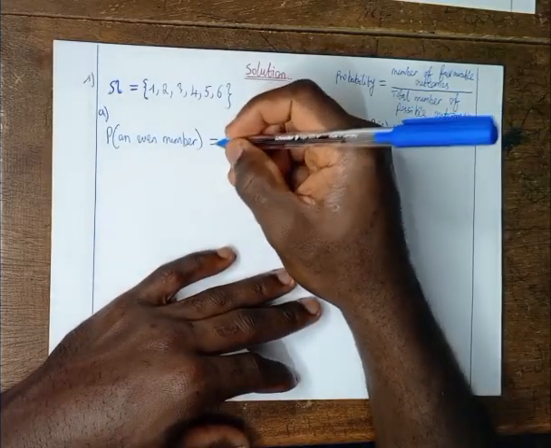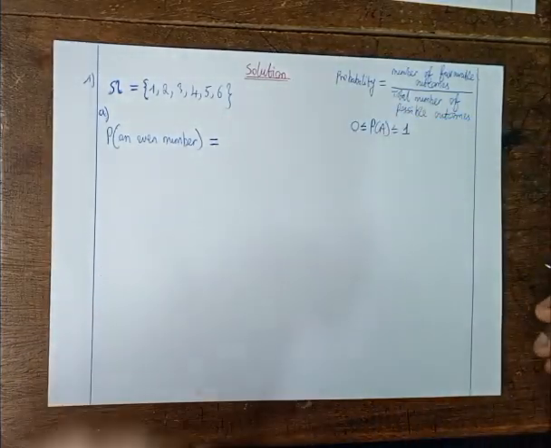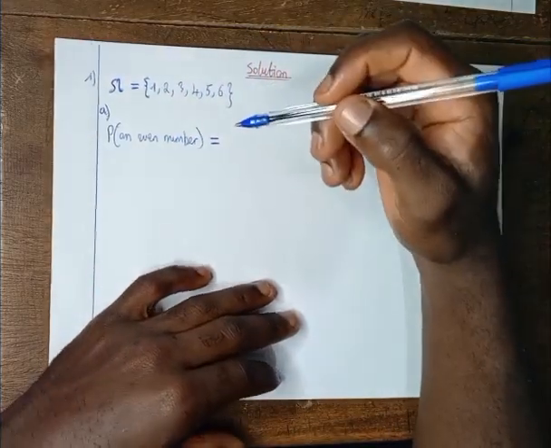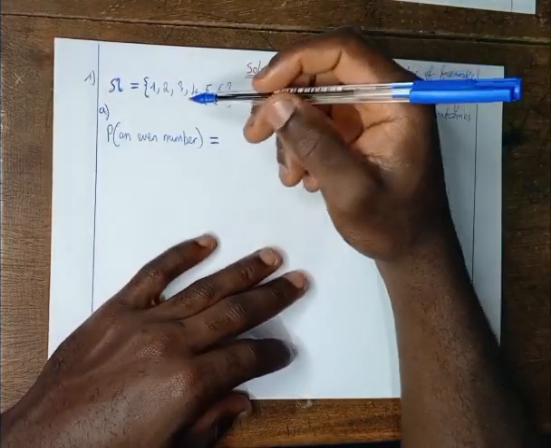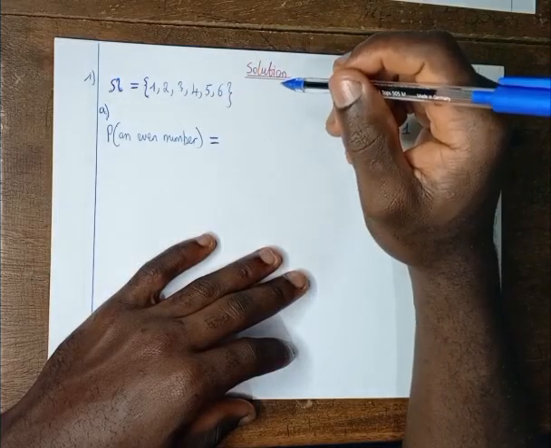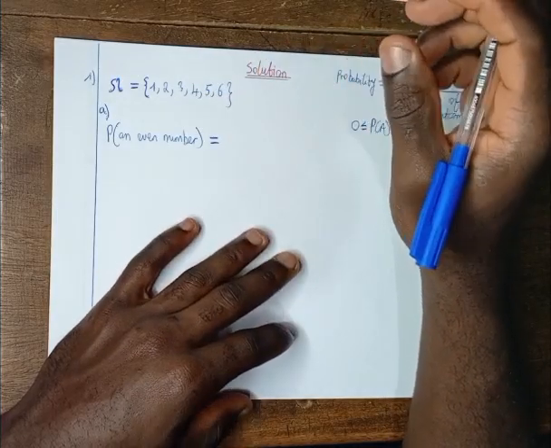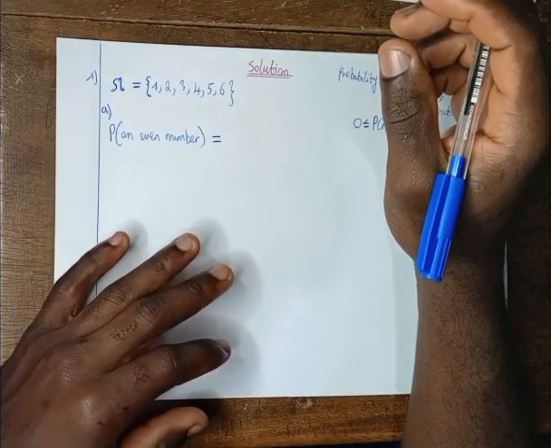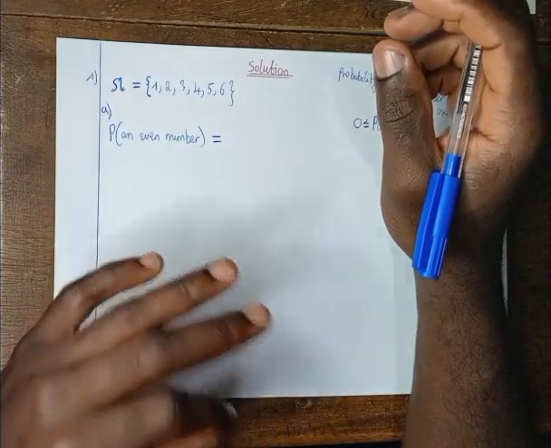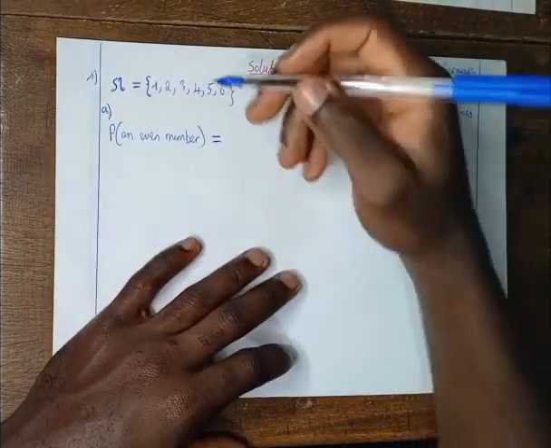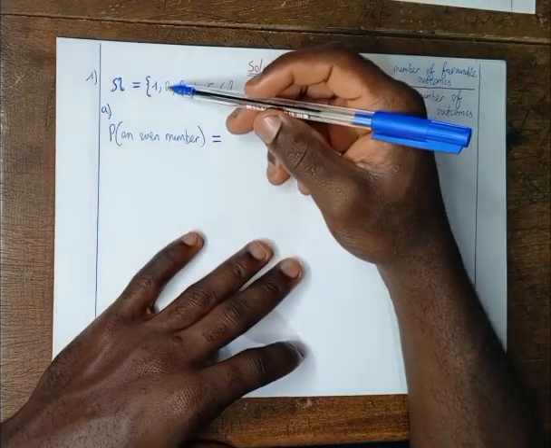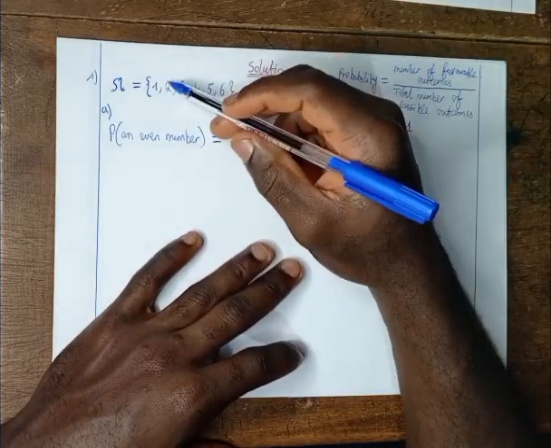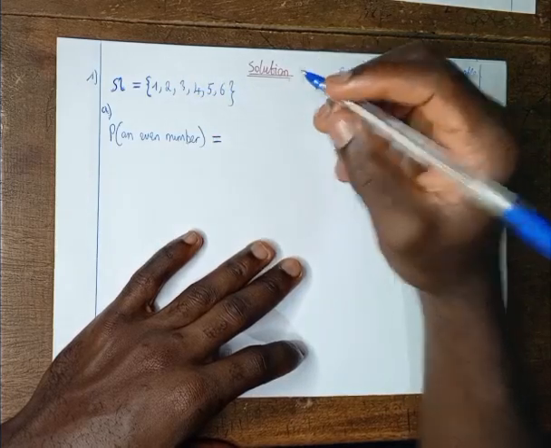So this will simply be equal to, we'll go to our sample space, this set. We count the number of even numbers which are found here. When we talk of even numbers, we are simply referring to those numbers that can be divided by 2 without any remainder. The even numbers we have here are 2, 4, 6, that is 1, 2, 3. There are 3 even numbers.